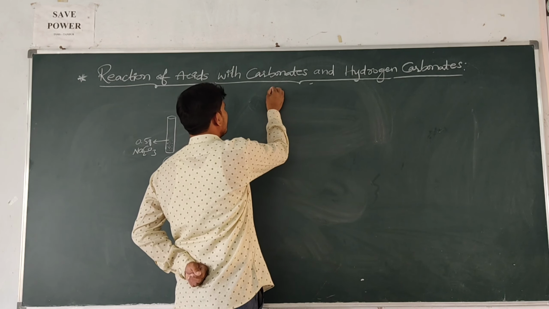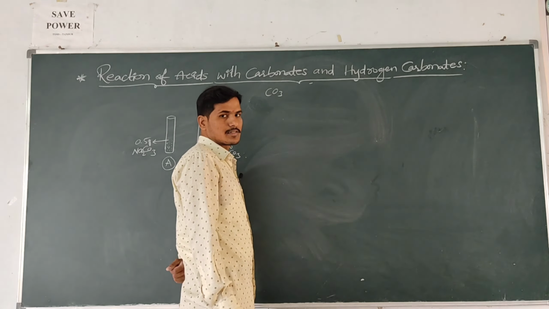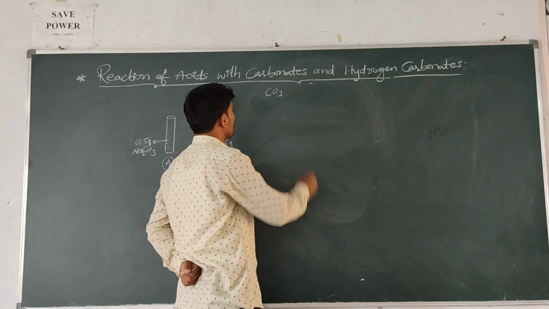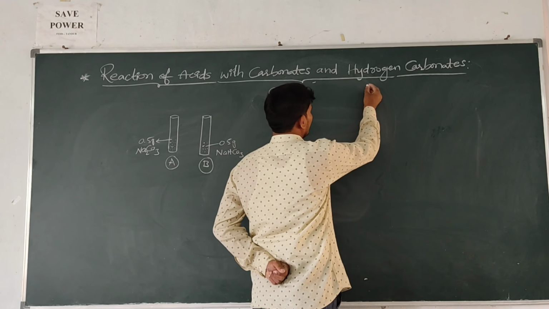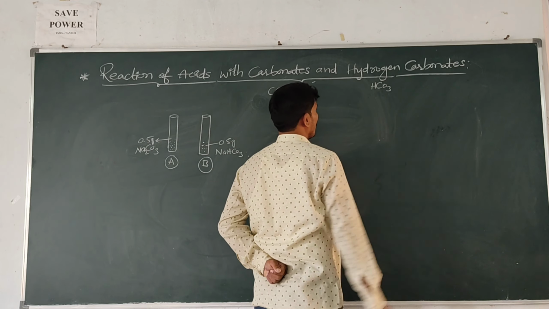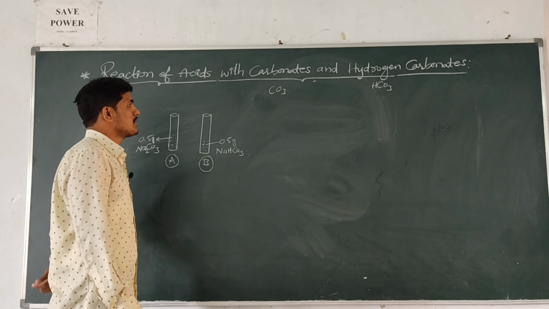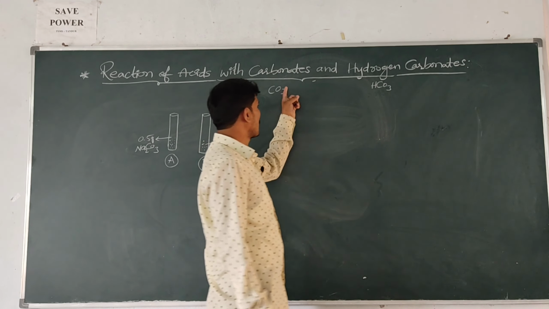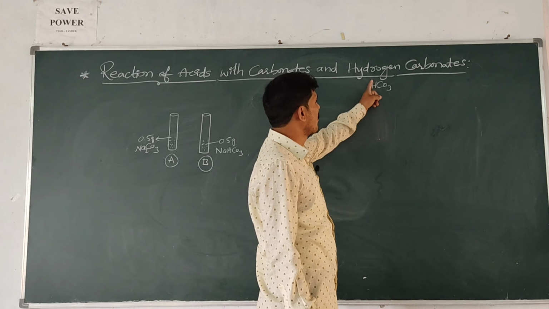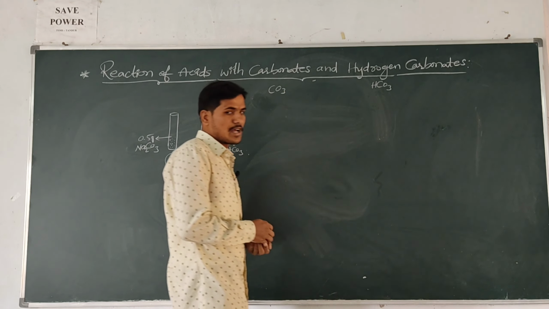Carbonates are compounds which have the CO3 formula. When compounds contain HCO3, they are called hydrogen carbonates or bicarbonates.